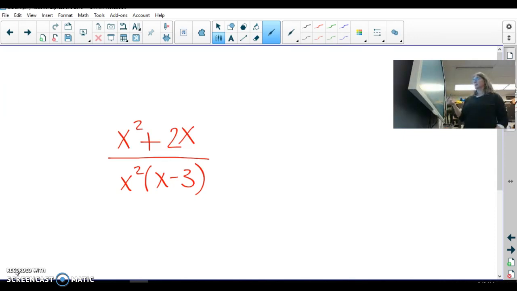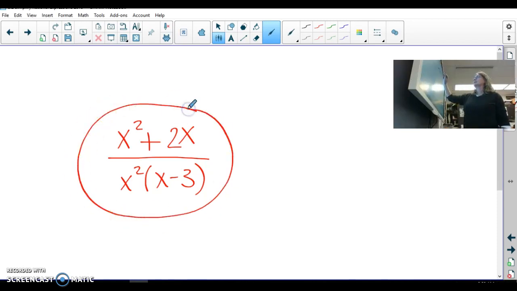A common mistake is students will simplify to here, and then they see this x squared and this x squared, and they want to cross those out, and then maybe even these x's. You cannot do that because x squared is not a factor. X squared is being added to 2x. A factor means that it's getting multiplied.